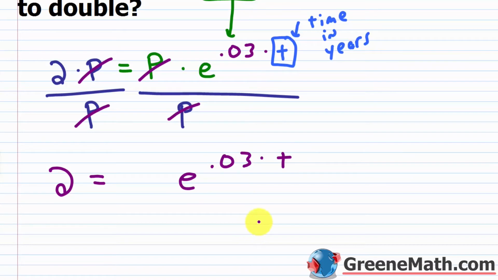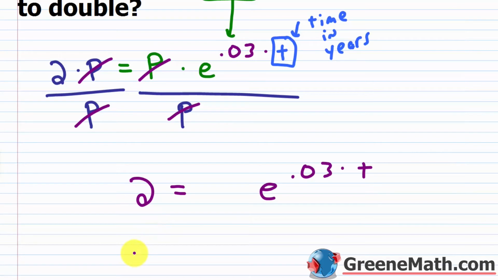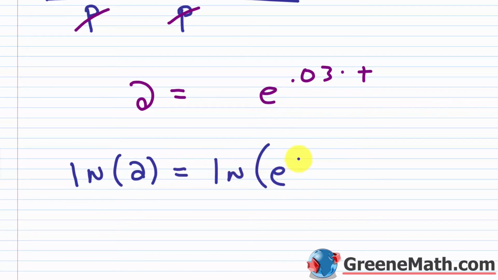Okay, so from here, I'm going to take the natural log of each side. And the reason I'm going to do that is, again, I'm working with this special number e. So I'm going to say the natural log, or again, use the ln of 2 is equal to the natural log of this side, which is e raised to the power of 0.03 times t. Okay, so from this point, I know that this can come down.